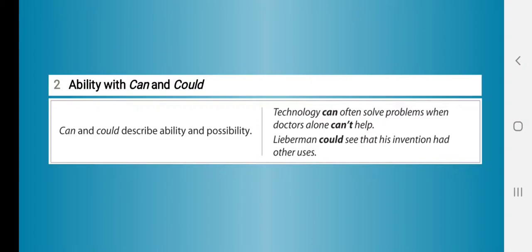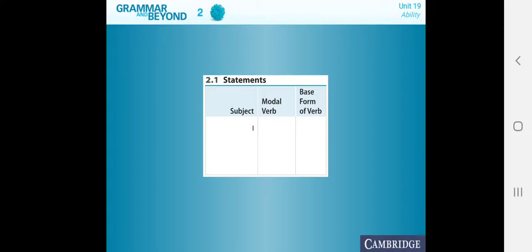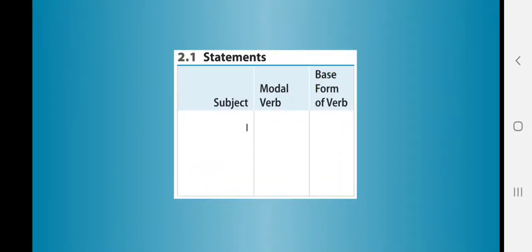Now, let's take a closer look at the pattern we follow. First, we're going to have a subject, a modal verb, in this case can, and a base form of the verb, in this case help. I can help people, right?